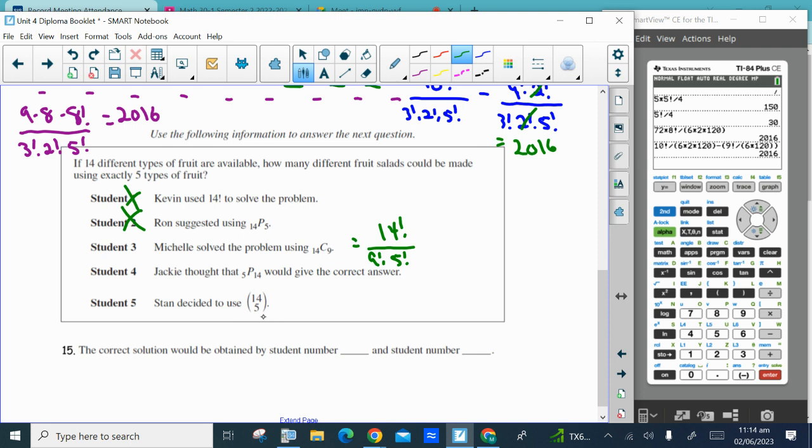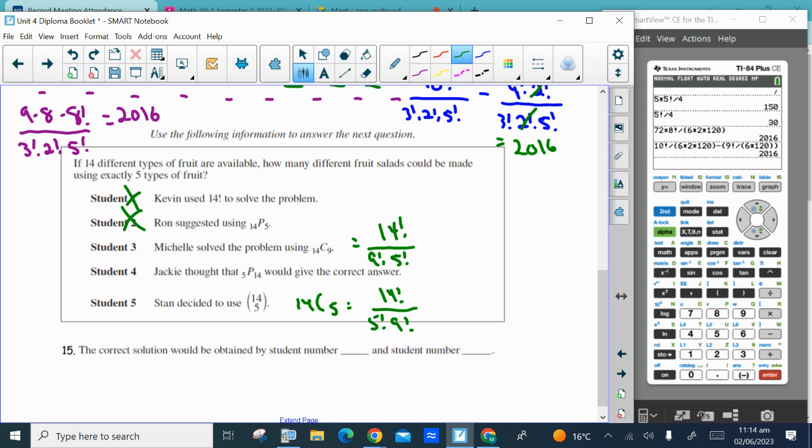If you look on the formula sheet, you'll see that's one of the notations used for nCr. We never really did it, but it's on the formula sheet. So this means 14C5, which if we use the formula is 14 factorial over 5 factorial, 9 factorial. So 14C9 is the same as 14C5 because 9 plus 5 equals 14.